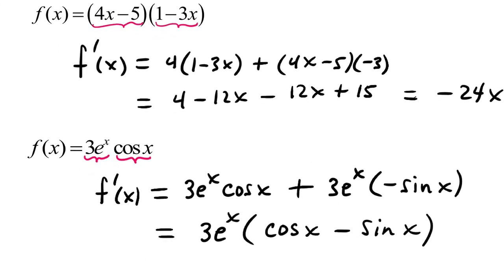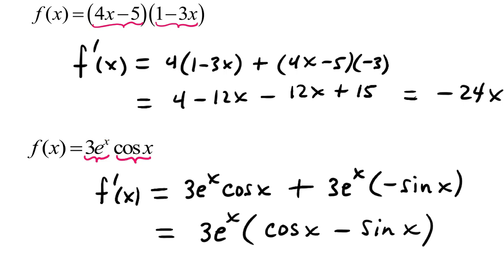Our second function is the product of 3e to the x times cosine x. We're going to consider 3e to the x as our first function in the product and cosine x as our second function in the product. We're going to take the derivative of 3e to the x. That stays the same.